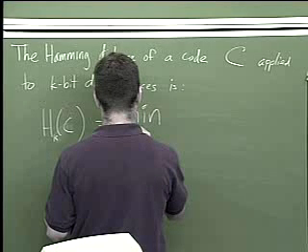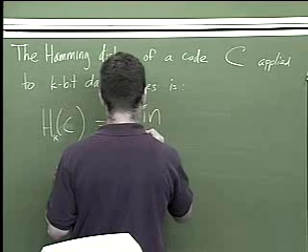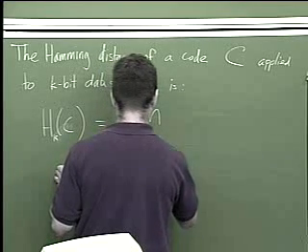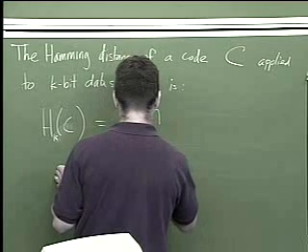Let's do it this way. U comma v are k-bit strings, u not equal to v.